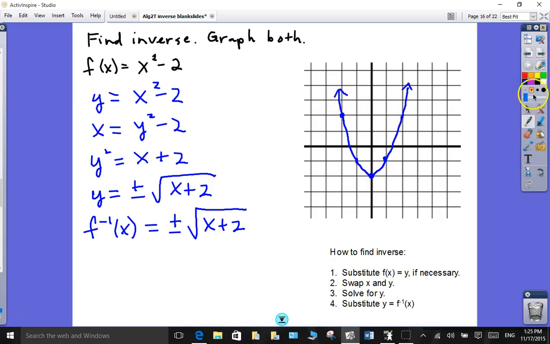Now, we're not that familiar with what the square root of x plus 2 ought to look like. I mean, the parent function, y equals the square root of x. That's the parent function, and it looks like this.